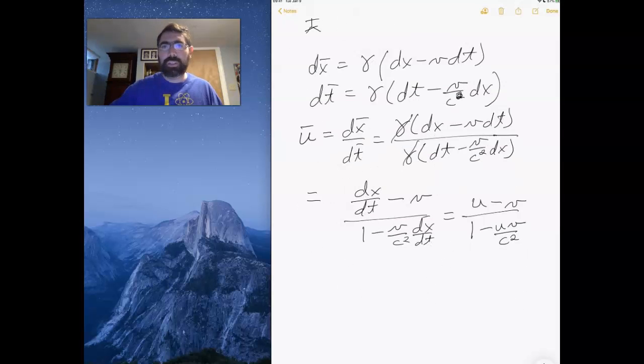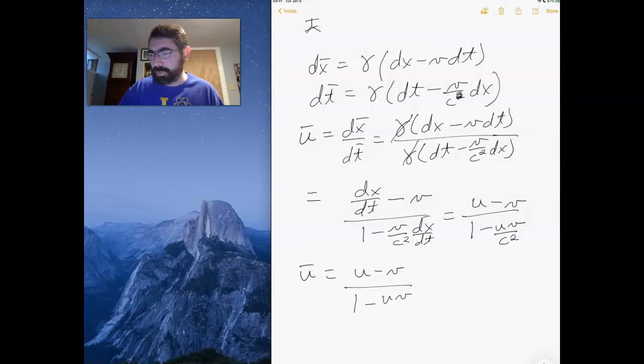So in the end, the transformation of velocities is the difference in the velocity measured by the person outside, u, minus the velocity of the moving frame, divided by this factor which combines both of the velocities.